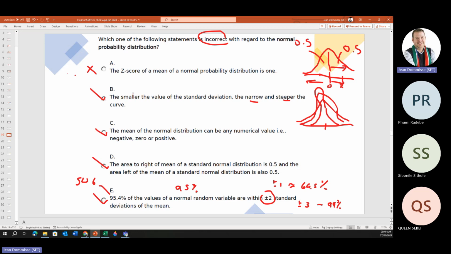Okay, so that is the definition on study unit 6.